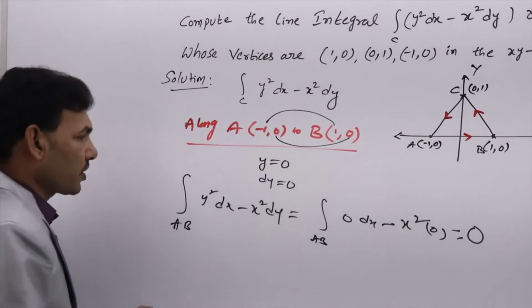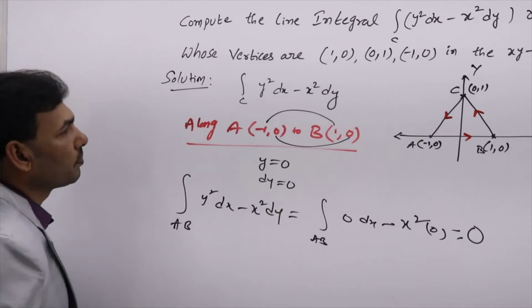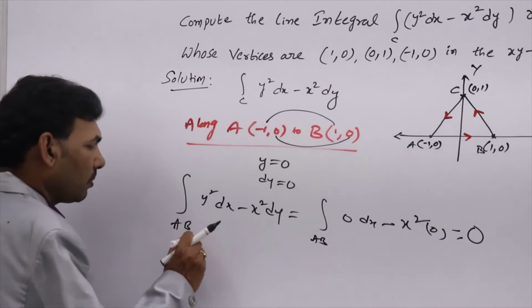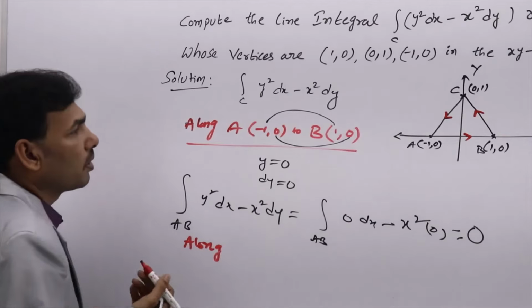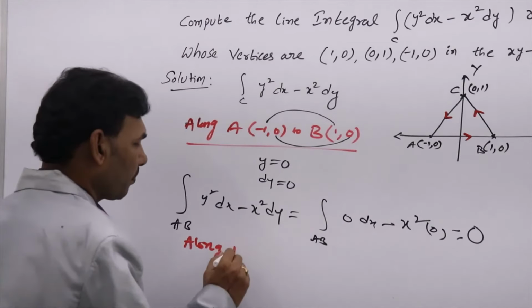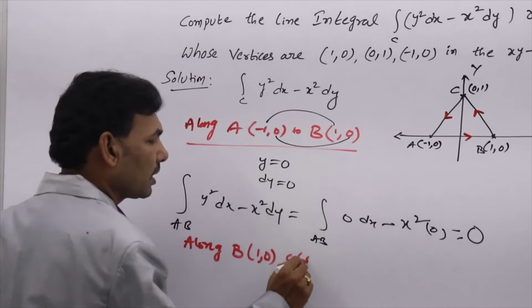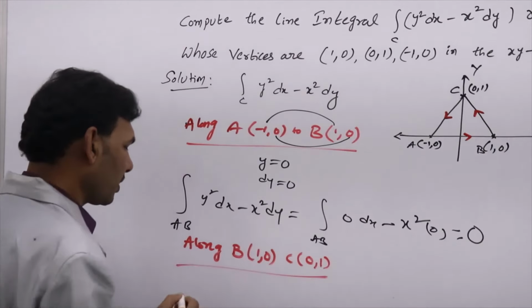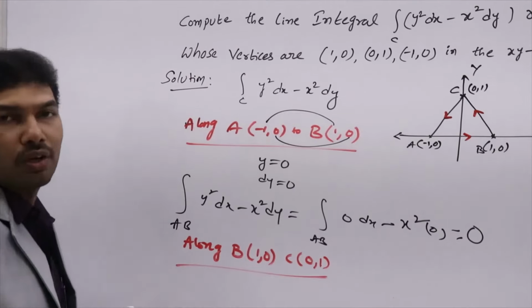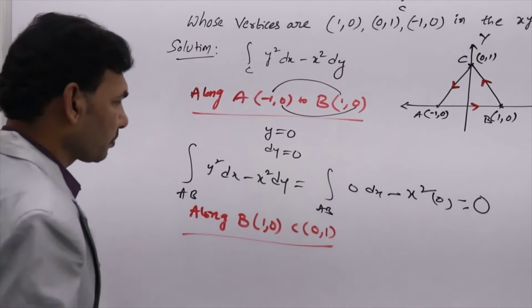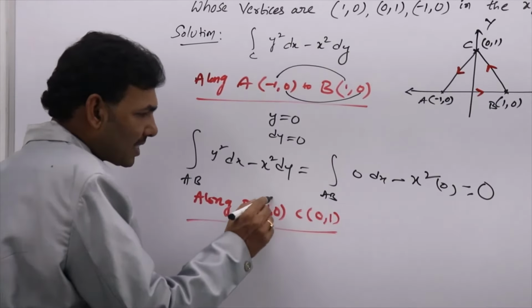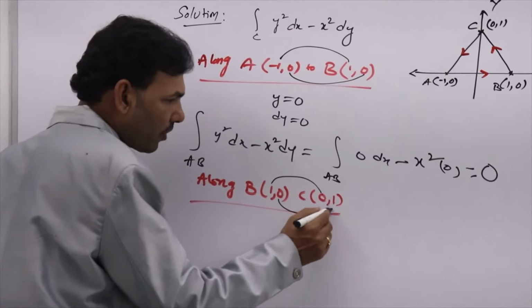Next, coming to the next direction, along BC, from B (1, 0) to C (0, 1). If you observe this direction, x is varying and y is also varying.